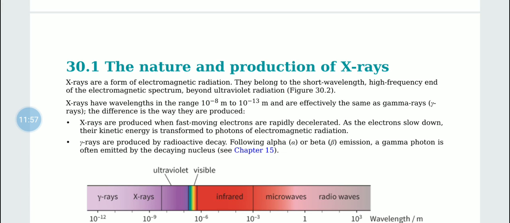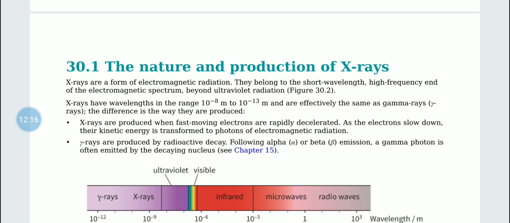Their wavelengths range from 10 to the power minus 8 to 10 to the power minus 13 meters. The same as gamma rays, but different by the way they are produced.